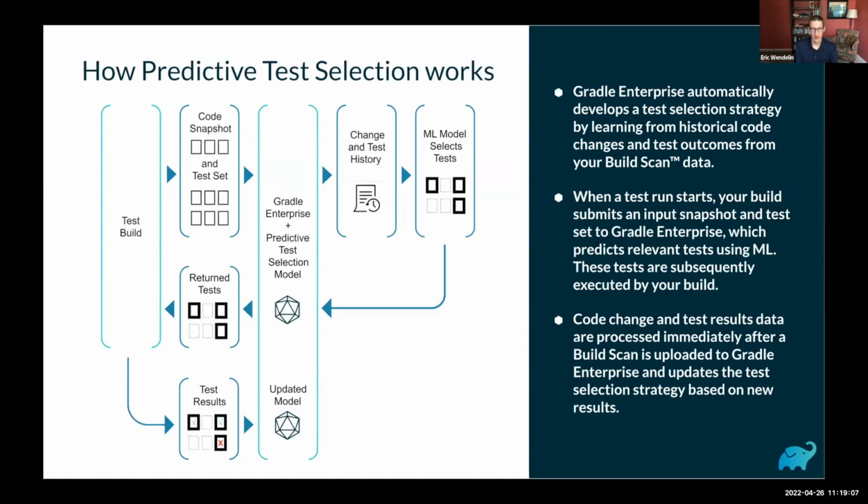That's how it works. How's the machine learning model trained? We start with a base XGBoost model, which is trained on over 10 million test executions from over a year's worth of partner data from dozens of different projects, and not just any projects. Our data partners are software teams whose products you use on a daily basis.